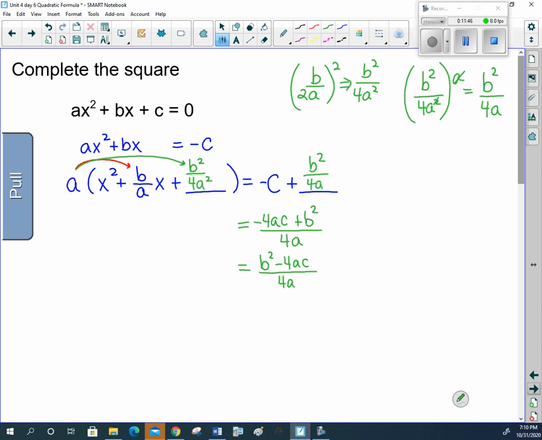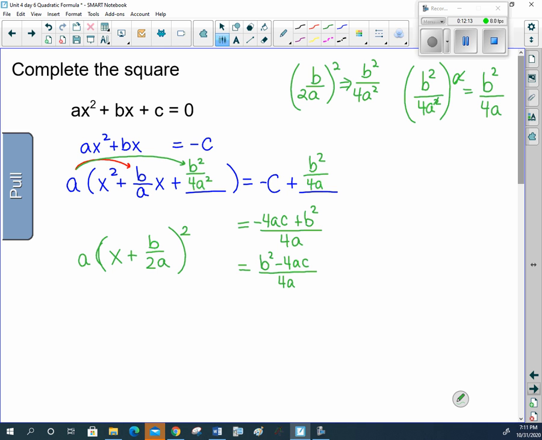So the left-hand side, we were supposed to write that as a binomial squared. We have the a out in front, and then we've got to have x plus b over 2a quantity squared, because remember, we're going to split that b squared over 4a into two equal parts to get our binomial squared. Now we're going to have to divide by the a.